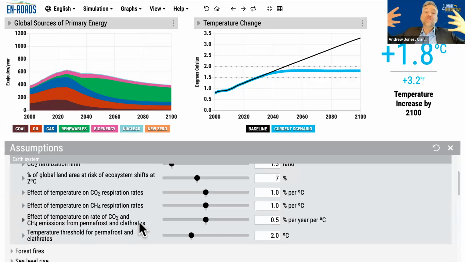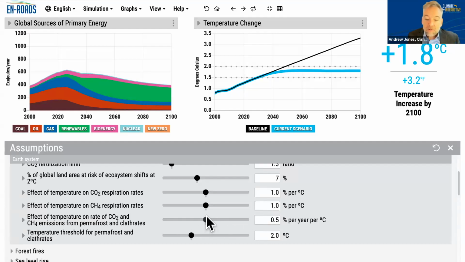That is, as the world warms, of course, we have a lot of organic material that has been frozen in permafrost. As it warms, we'll possibly release that, which could bring up temperature more or less. And we can explore how sensitive the world is to that.